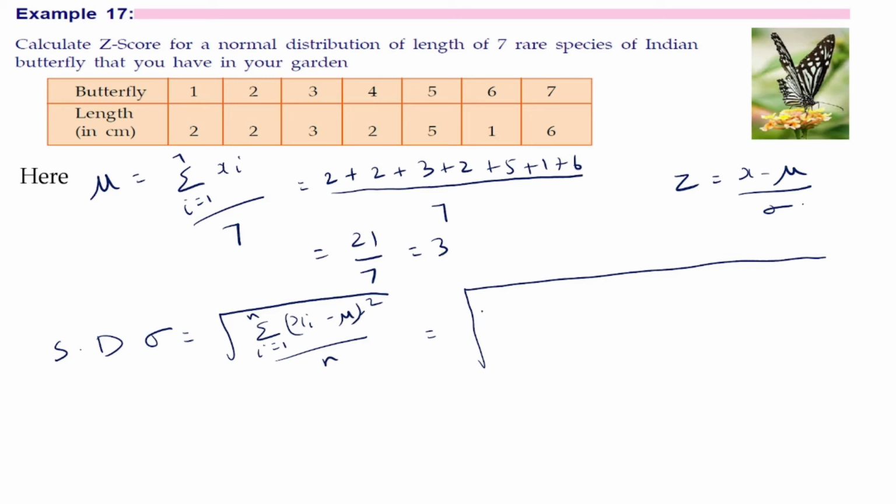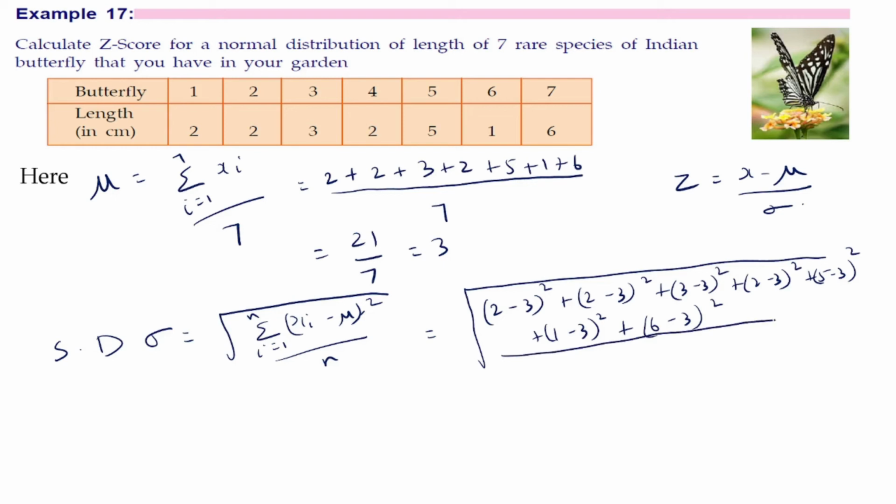So it is 2 minus 3 the whole square plus 2 minus 3 the whole square plus 3 minus 3 the whole square plus 2 minus 3 the whole square plus 5 minus 3 the whole square plus 1 minus 3 the whole square plus 6 minus 3 the whole square upon 7. So here xi is each of these values and mu is 3.